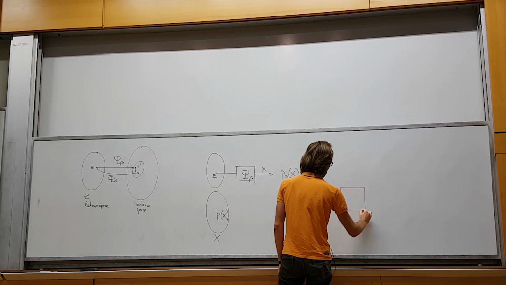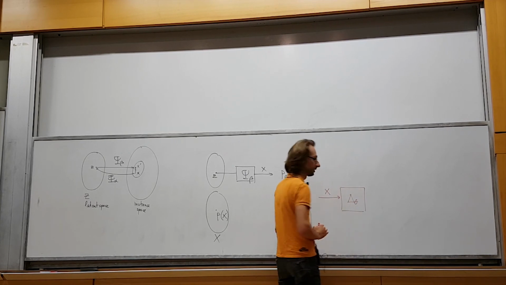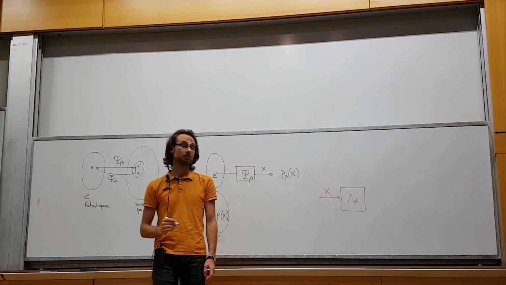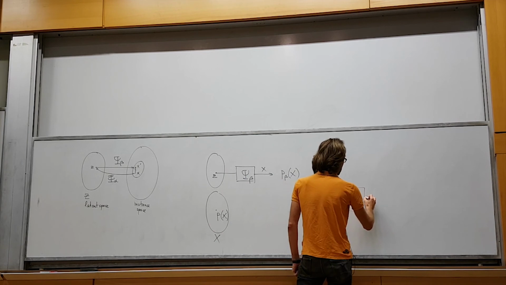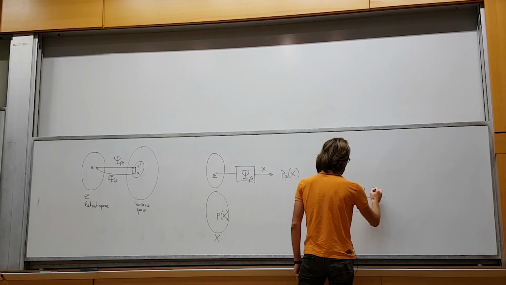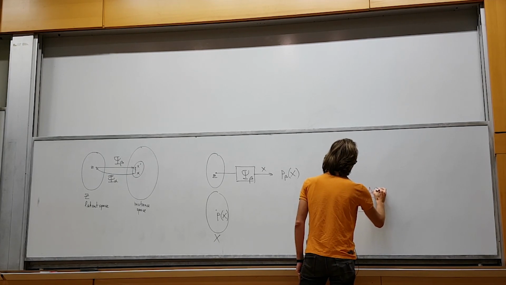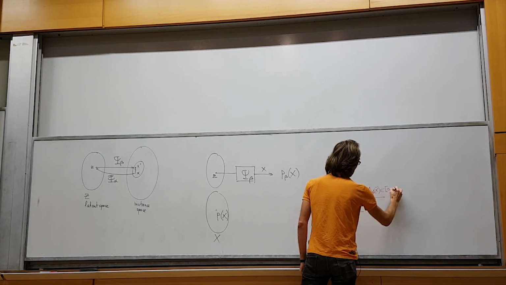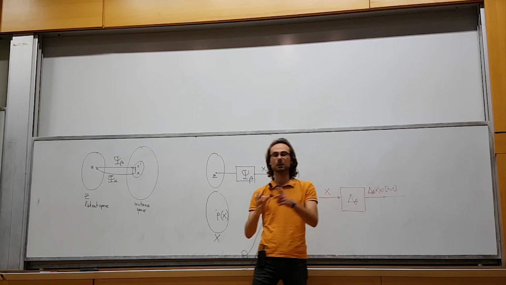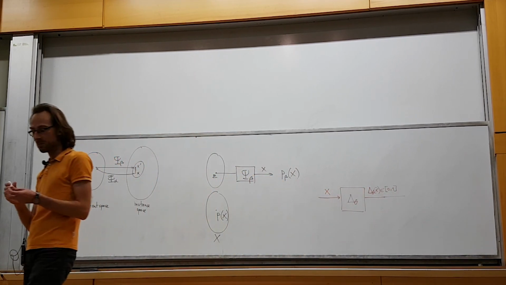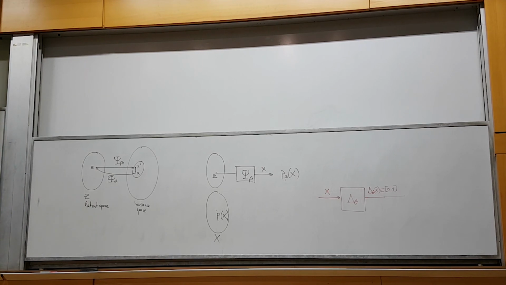Let me call this neural network delta theta, so it's also a parametric model. It will produce a result, delta theta of x, in the interval between 0 and 1. I will interpret it as a probability: the network tells me how much it believes that the instance x came from the real data or from a generated set of data.